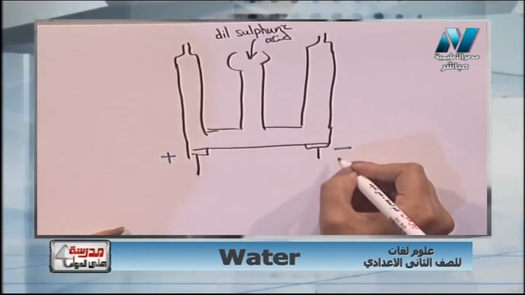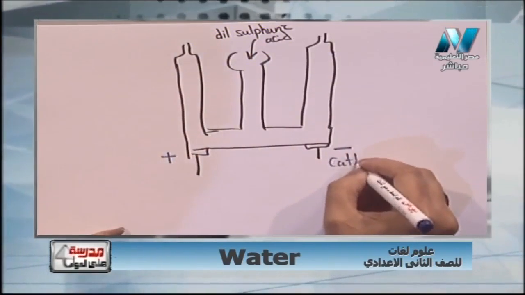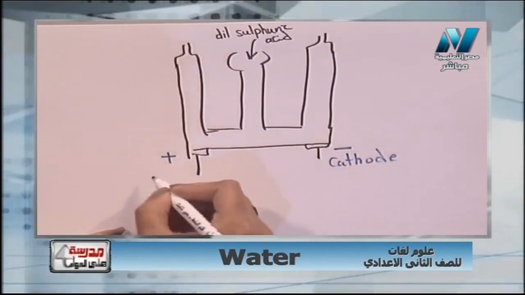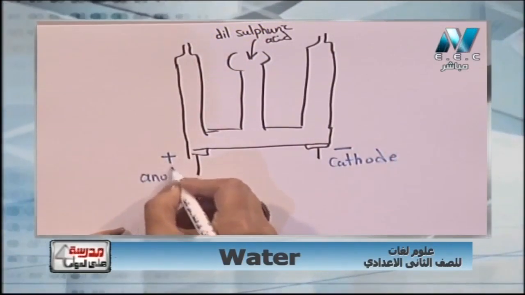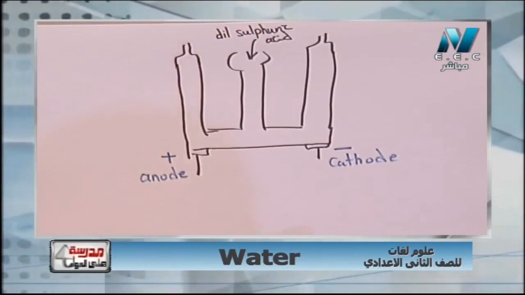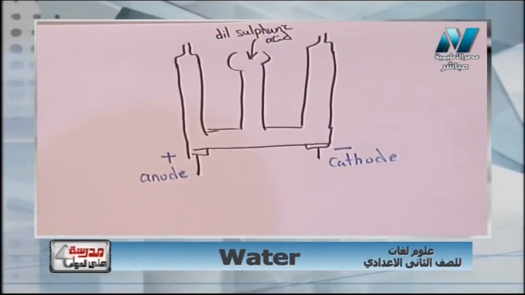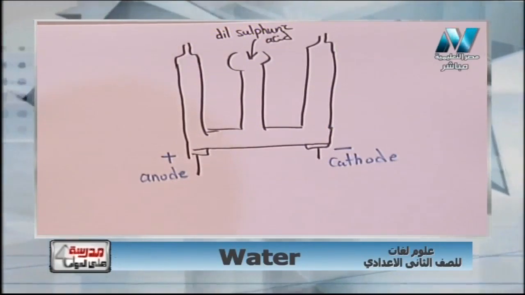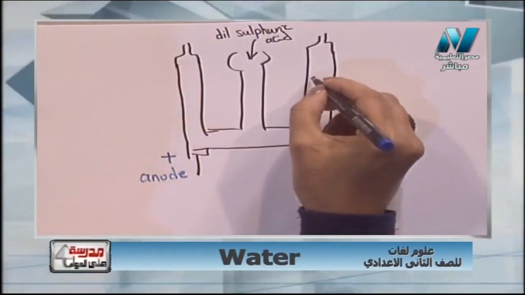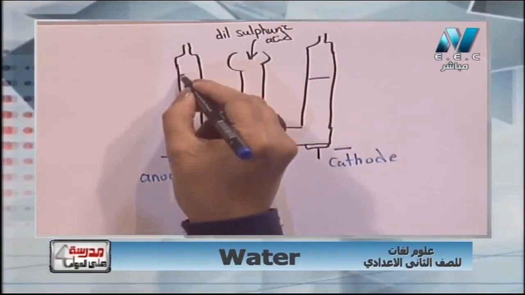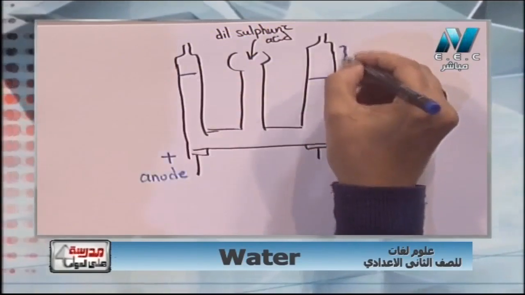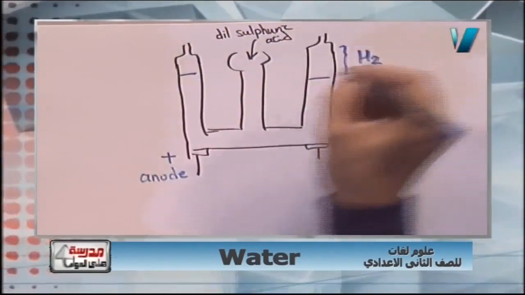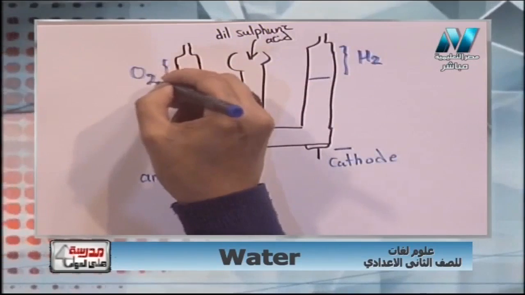The negative we call it cathode. The positive we call it anode. Okay. What will the observation we are going to have? This is the hydrogen and this is the oxygen.